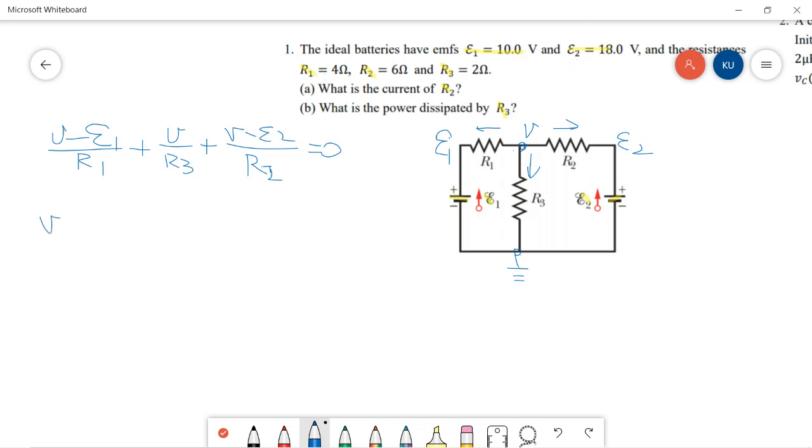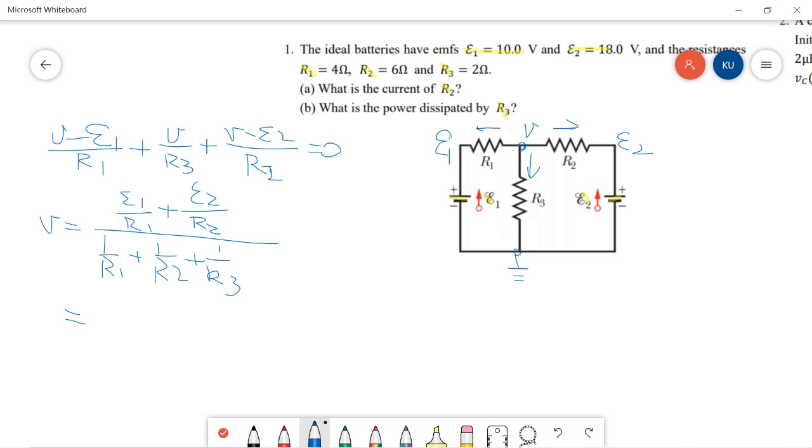So actually we can solve V like this: E1 over R1 plus E2 over R2, and then over 1 over R1, 1 over R2, 1 over R3. So this one is really simple.